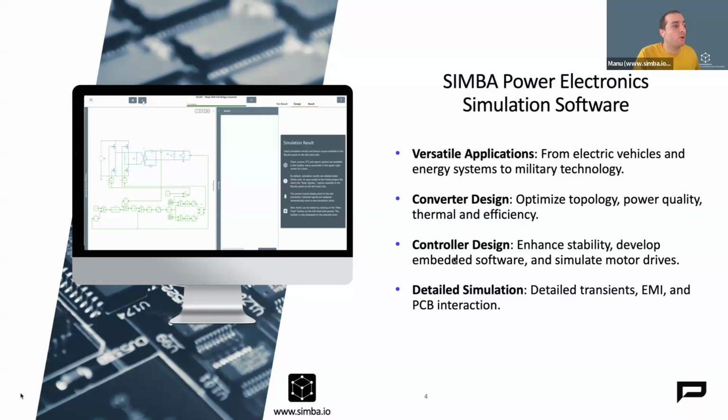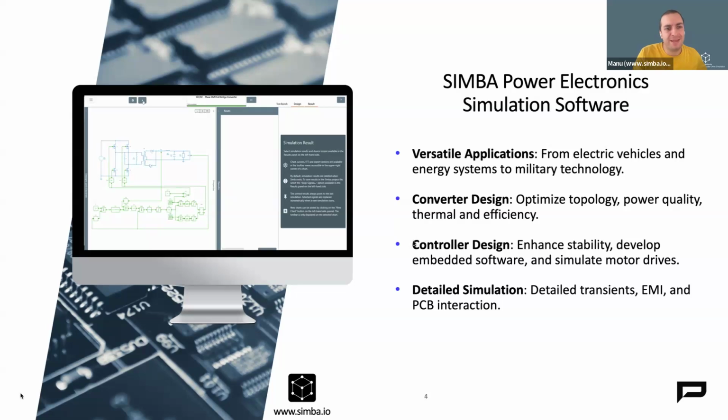It can also be used for control design, where you can develop C code right into Simba. You can look at the stability of the converter. You can, of course, simulate complete motor drives. And in Simba, you can also run detailed analysis, a little bit like what you are used to do in SPICE, where you can look at detailed transients, EMI, and interaction with PCB parasitics, and so on.